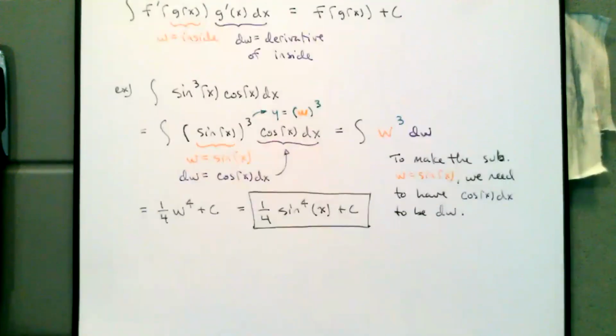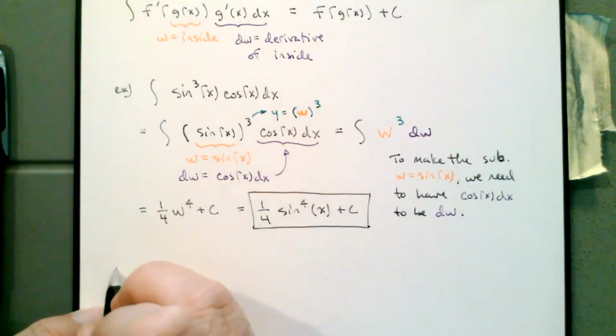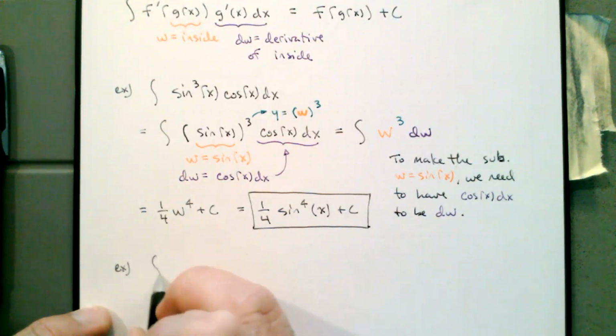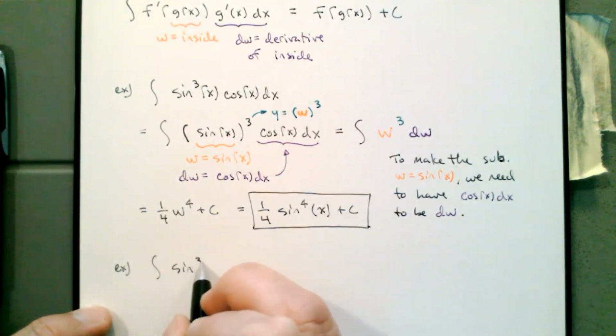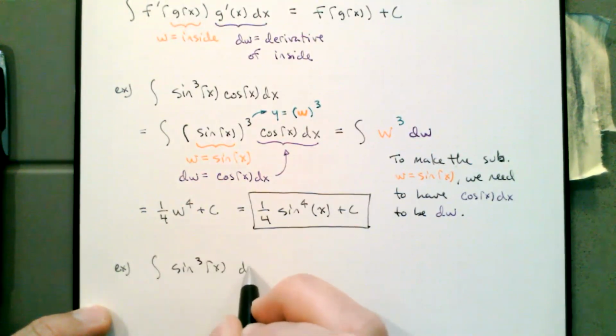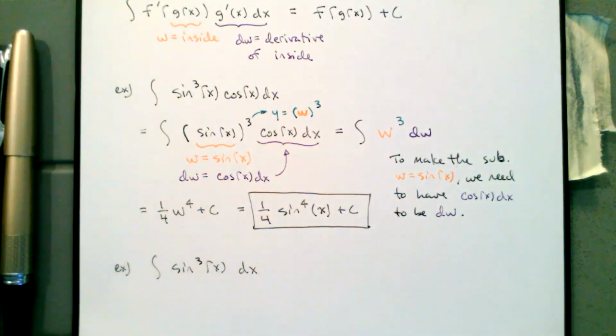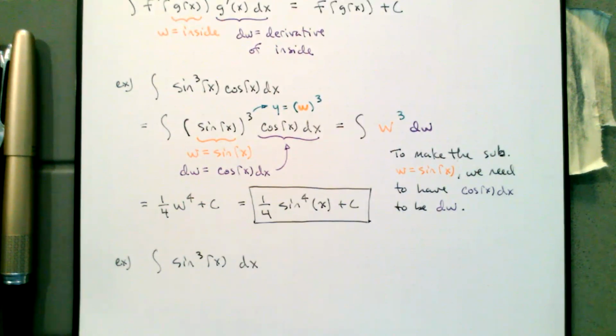So for example, if I drop the cosine out of this most recent integral and just had sine cubed x dx, in this case, we can't make the substitution w equals sine x because we don't have a factor of cosine x to be the dw.